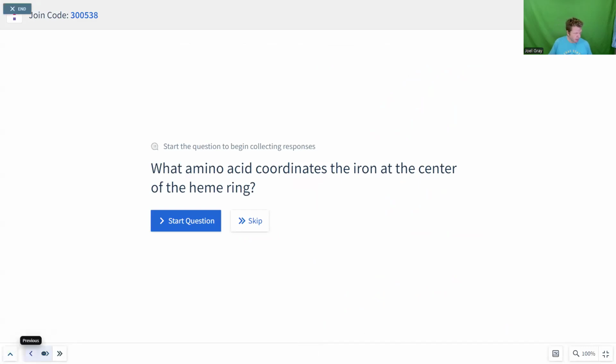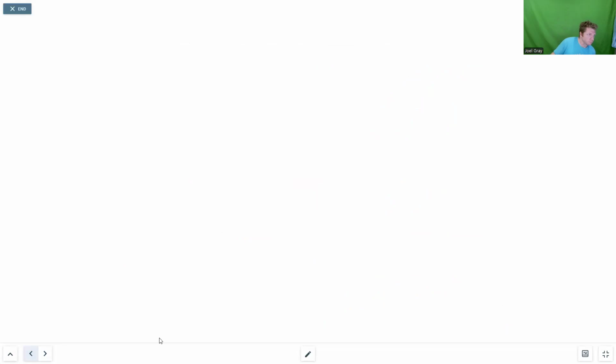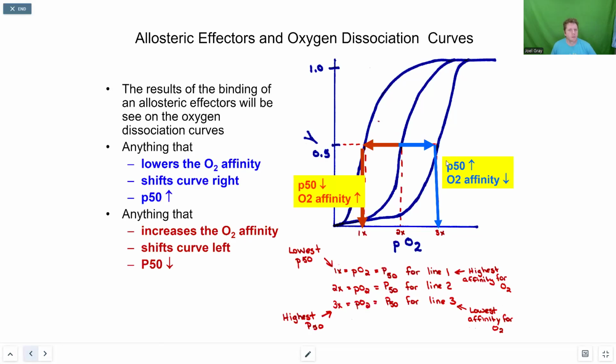So I'm going to jump back. The partial pressure in that environment, yes, you could say that it is more. But I want you to think about this and be able to describe it in terms that are protein centric, so hemoglobin centric.